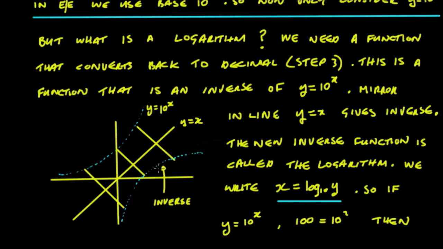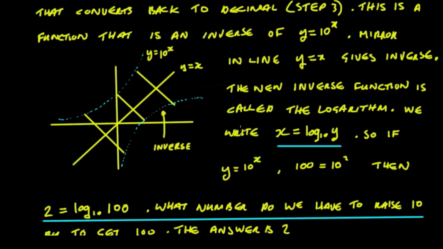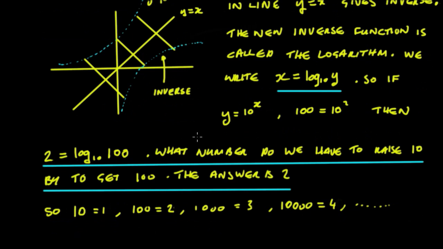That's a logarithmic function. So what we do is we say that x is equal to log to the base 10 of y. So we say y equals 10 to the x, then we could say, for example, 100 equals 10 squared. Then the inverse function there, the logarithmic function, would be 2 equals log to the base 10 of 100.